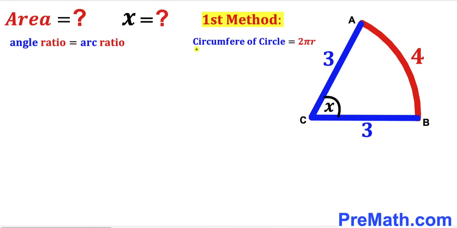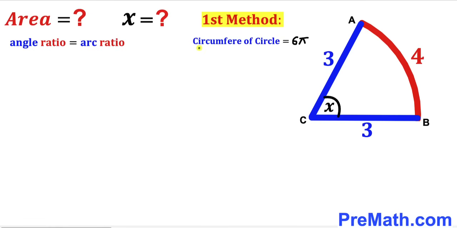Now let's recall the circumference of the circle. It is equal to 2 times pi times lowercase r. In our case, the radius r is 3 units, so the circumference of this circle is going to be 2 pi times 3, which is equal to 6 times pi.